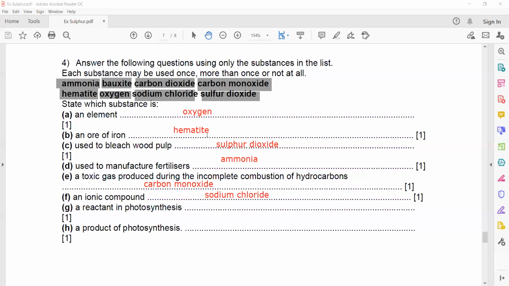A reactant of photosynthesis. What is the equation for photosynthesis? Carbon dioxide reacts with water, and this results in the formation of glucose plus oxygen.